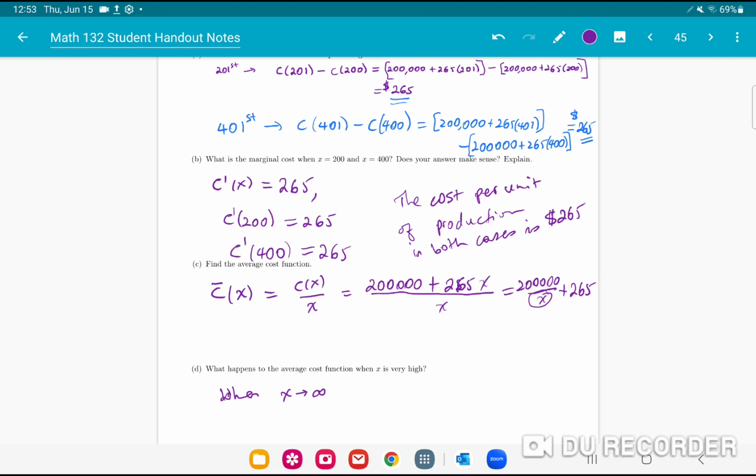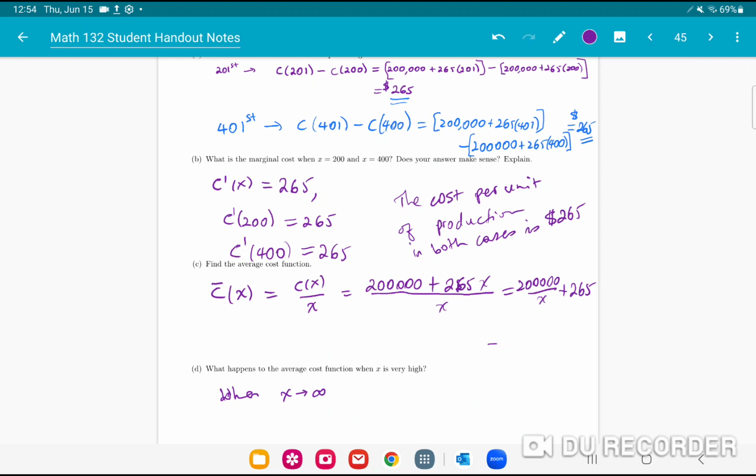So that much money costs you, but you produce 100,000. Well, if you produce maybe 10 units, it's costing you this over 10 plus 265. So that's just only producing 10 units. Per unit, it's costing you a lot of money.